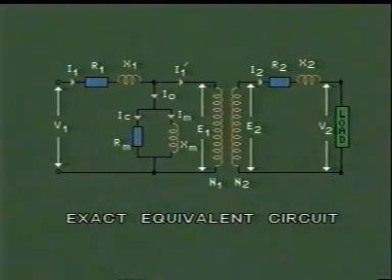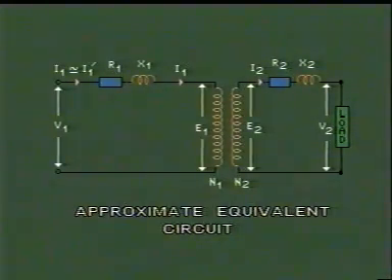Now let us see the approximate equivalent circuit where we will neglect the no load component of the primary current. Here we have shown you the approximate equivalent circuit of the transformer where we have removed the parallel branch, that is the branch where through I0 no load current was flowing.